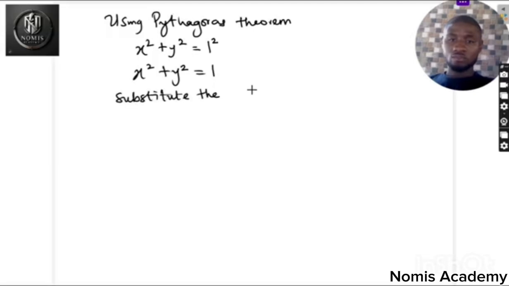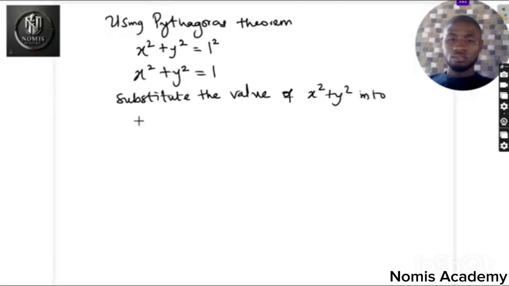So if x squared plus y squared is equal to 1, substitute the value of x squared plus y squared into cos squared theta plus sin squared theta.